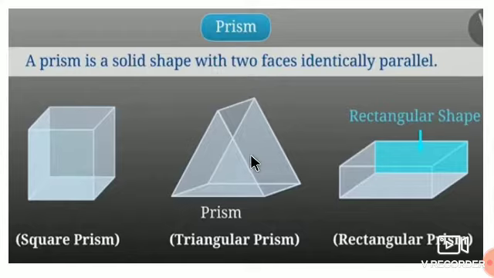So in each type of prism the standing faces are of rectangular shape. And one more important thing is that the top and the bottom face, or any two faces which are parallel to each other, are identical, means of same shape. Triangle, top and bottom; square, top and bottom; rectangular shape, top and bottom.